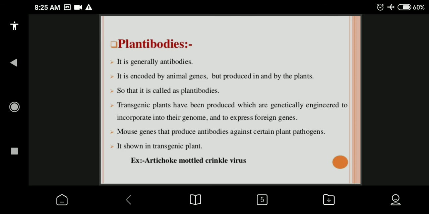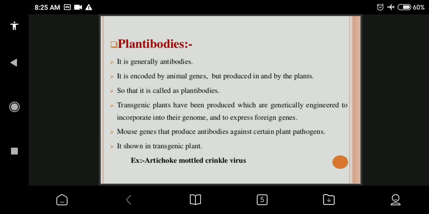Transgenic plants have been produced which are genetically engineered to incorporate into their genome and to express foreign genes. Mouse genes that produce antibodies against certain plant pathogens can be incorporated in plants to produce transgenic plants.